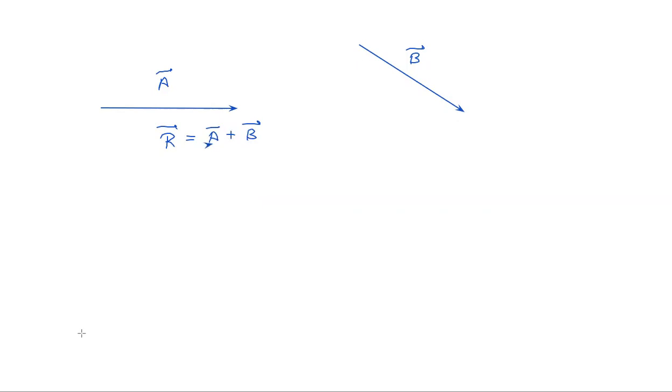The first vector is A. So we draw vector A. Now this is the tail of vector B and this is the head. The tail of vector B coincides with the head of vector A. If we coincide them, the diagram is like this.